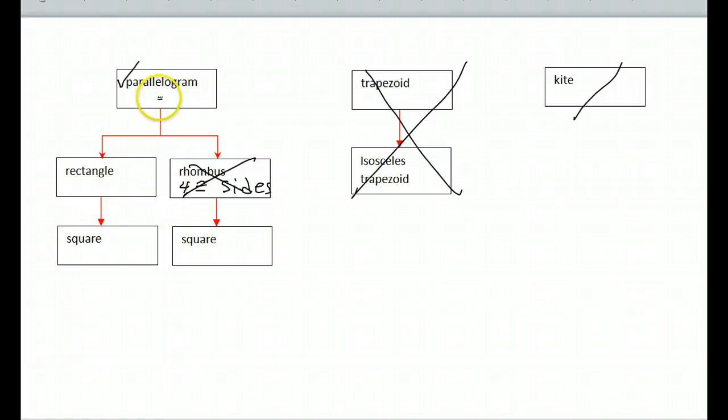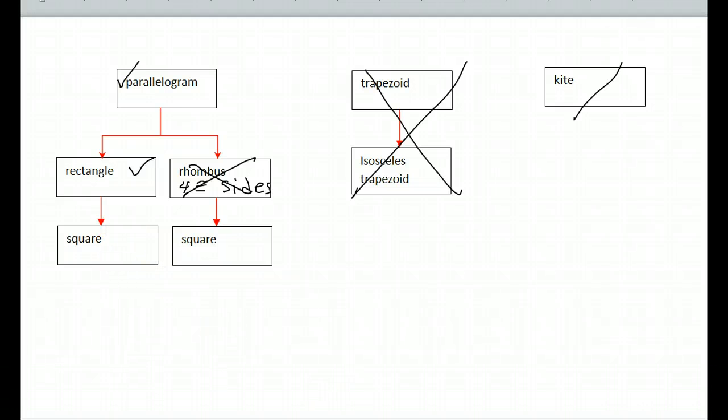So first we found it was a parallelogram because opposite sides were congruent. Then we determined that it was a rectangle because the consecutive sides were perpendicular, meaning that it had 4 right angles. But now we have to check, because some rectangles are also squares. So we need to make sure that it's not a square.